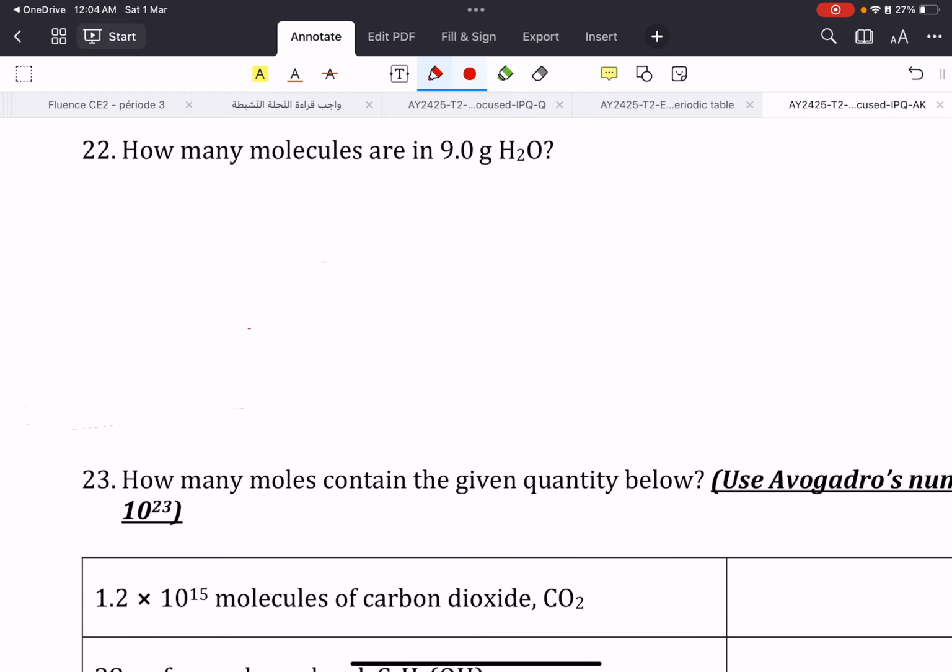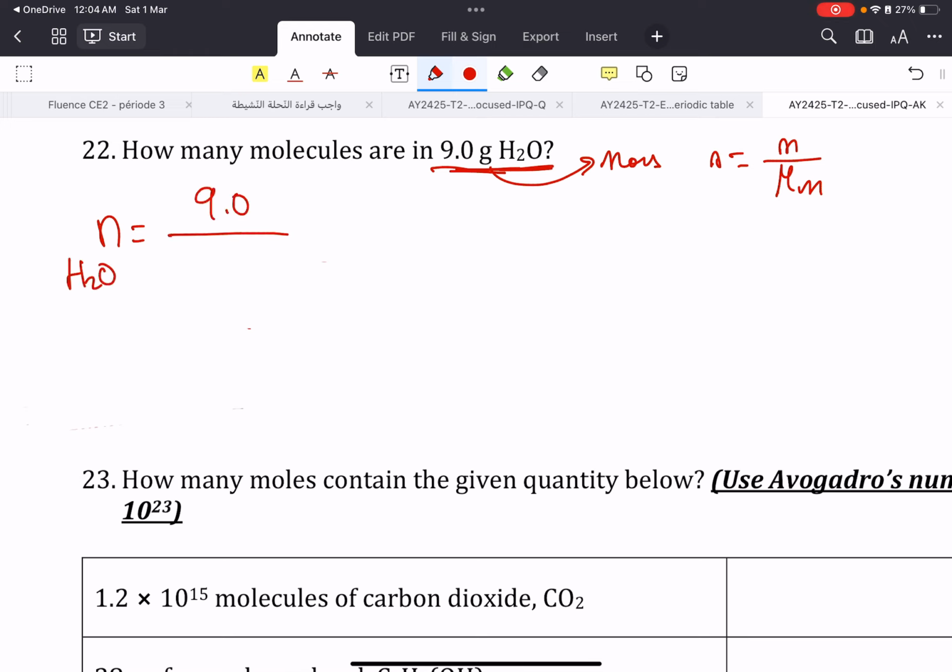Now again, how many molecules are there in 9 grams of H2O? As I mentioned, whenever you have mass, immediately think about mole equals mass over molar mass. So first, let's find the mole. So the mole of H2O is equal to the mass of H2O divided by the molar mass. Now, what's the molar mass of H2O? This is something you have in the periodic table.